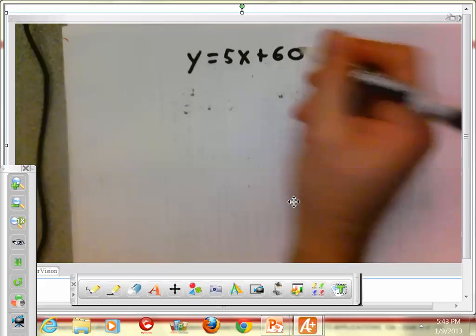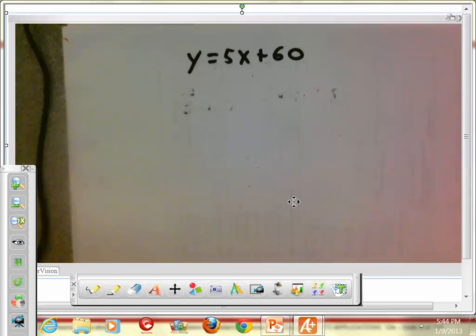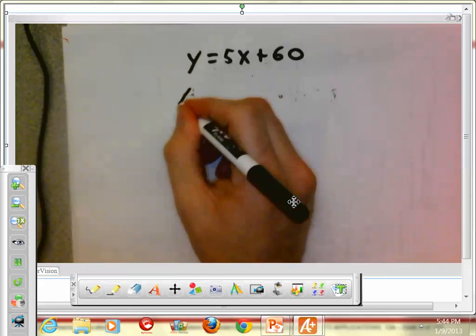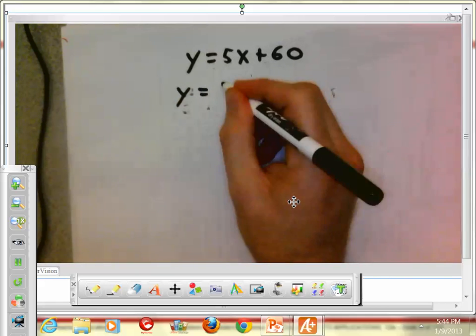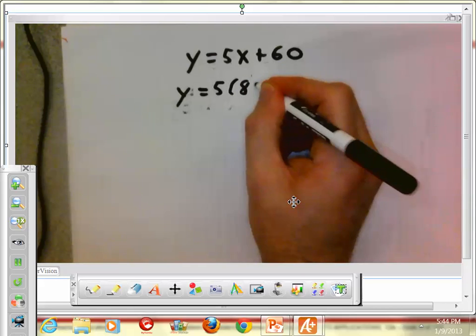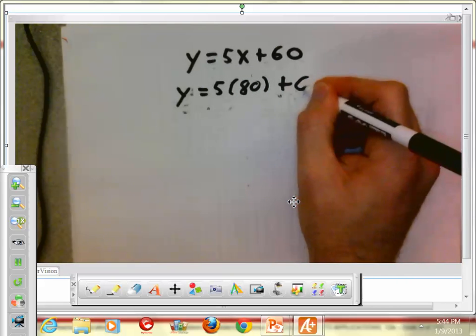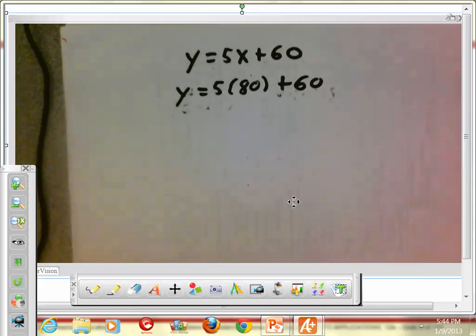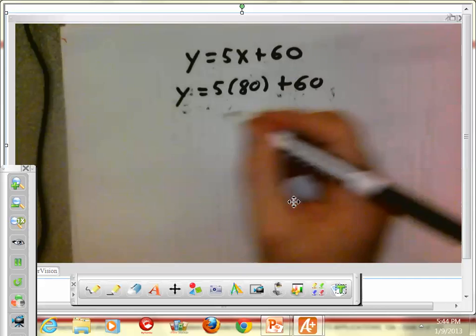Okay? And we ask what happens if she sells 80 units. That means x represents the number of units sold, so x is 80. So we say y is equal to 5 times 80 plus 60. Right? Because we're saying she sells 80 units.